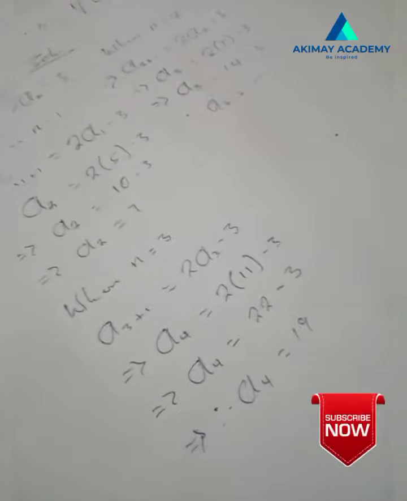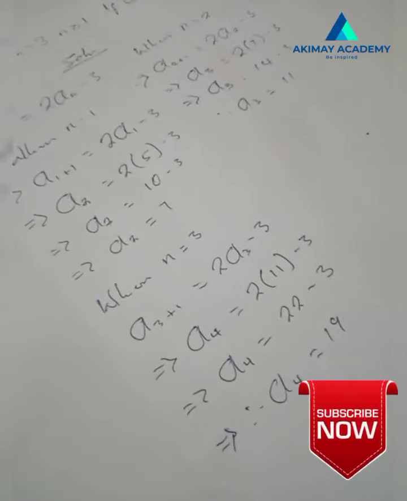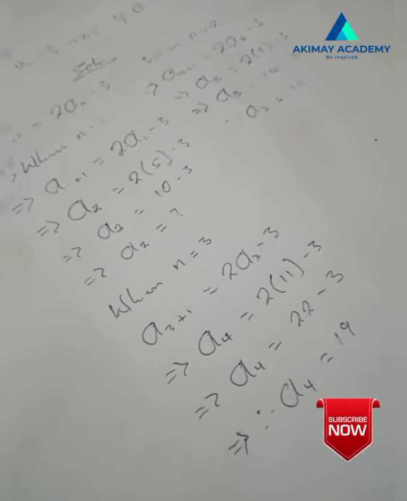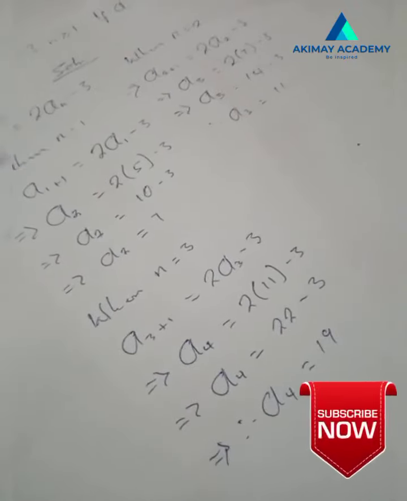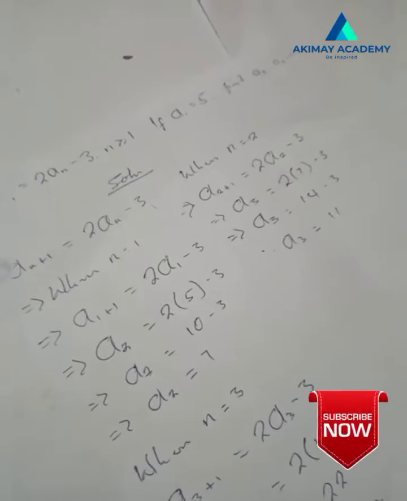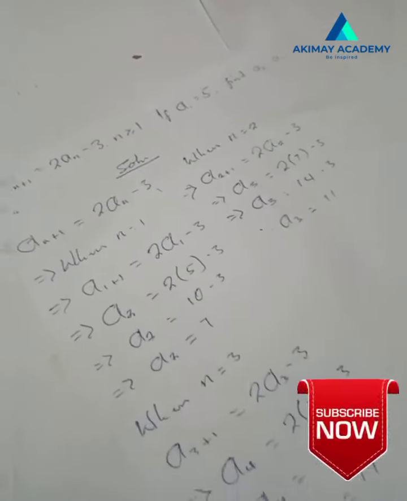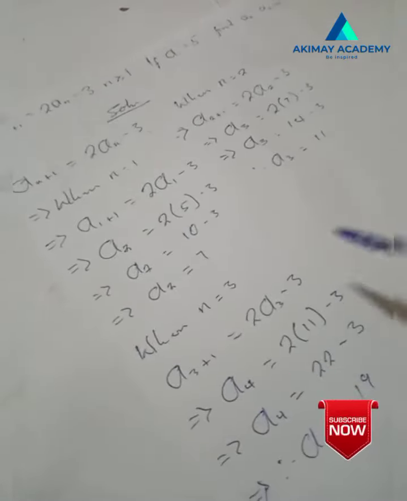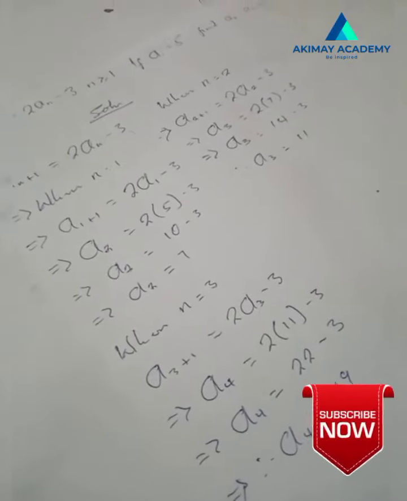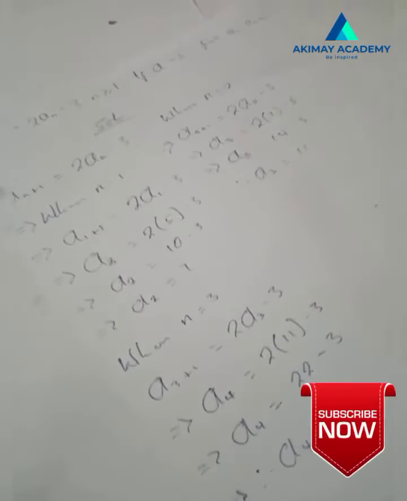These are the values that they asked us to find. They say we should find the values of a subscript 2, a subscript 3, and a subscript 4. You can see that it's a sequence, but here they didn't ask us to state the sequence, so we can leave it.